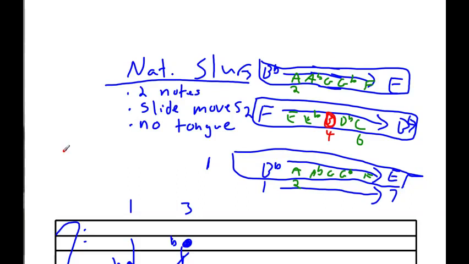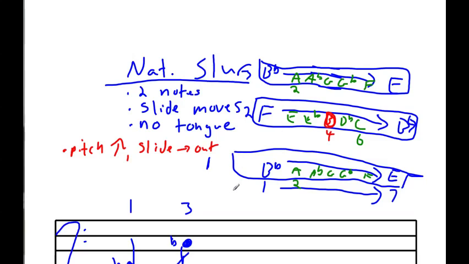With a natural slur, if the pitch from one note to the next is ascending, going up, and the slide is going out, away from the body, then it's always going to be a natural slur.